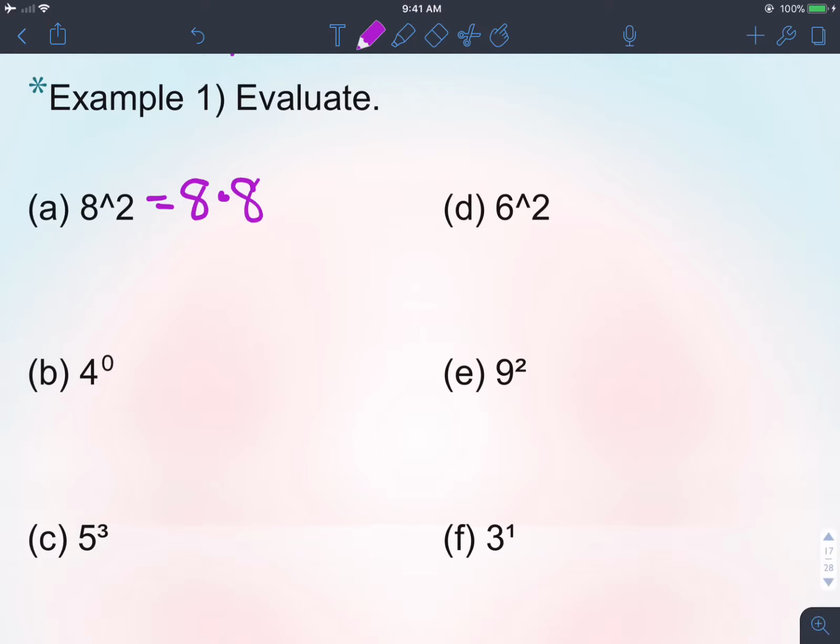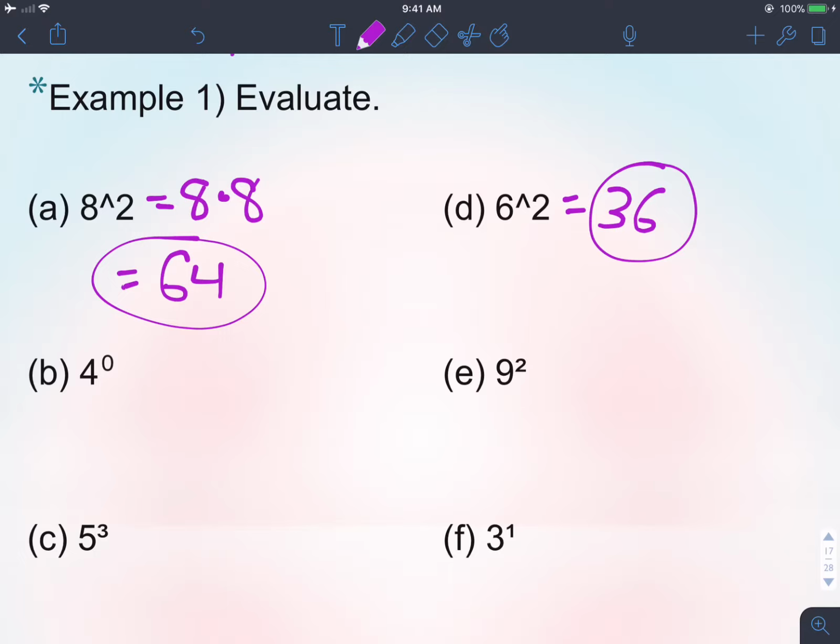Eight to the second power, 64. 6 to the second power? 36. 4 to the 0 power is 1. Doesn't matter what it is. 0 power is 1. All right, 9 squared? 81.